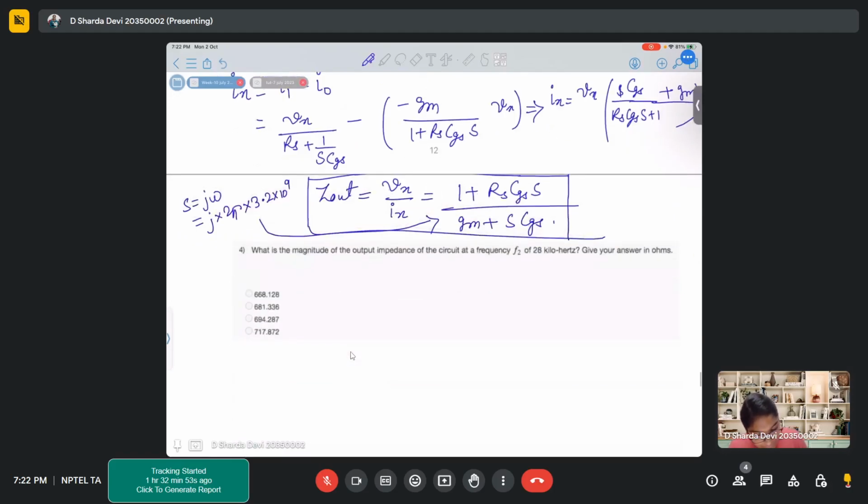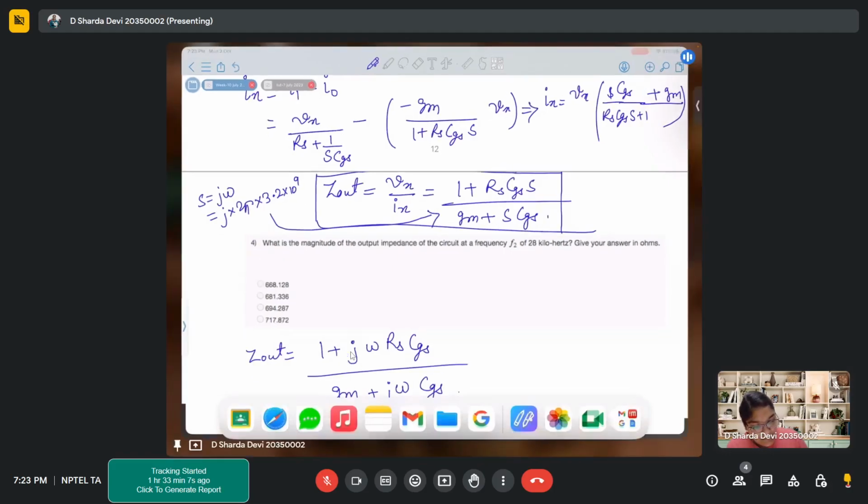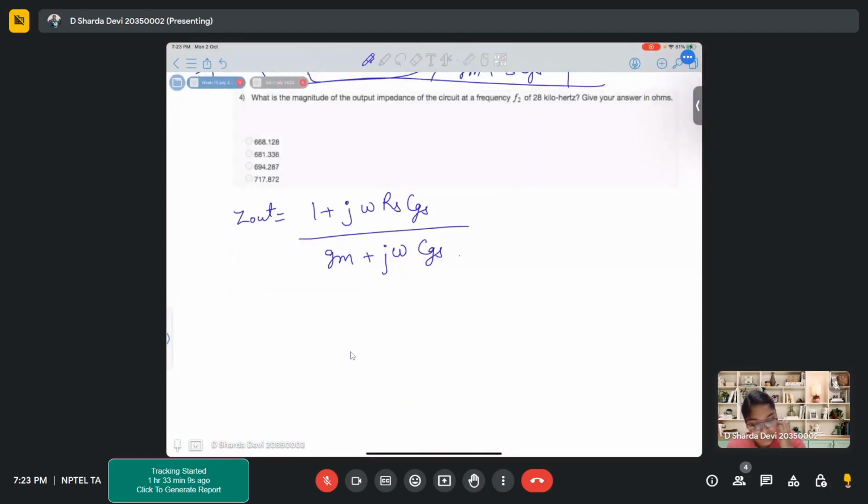So here Z out is (1 + jωR_S C_GS) / (g_m + jωC_GS). Now these are in real complex numbers, right? What is the magnitude of the output?